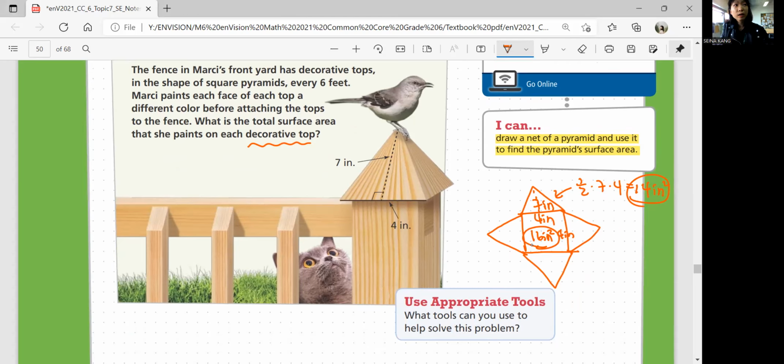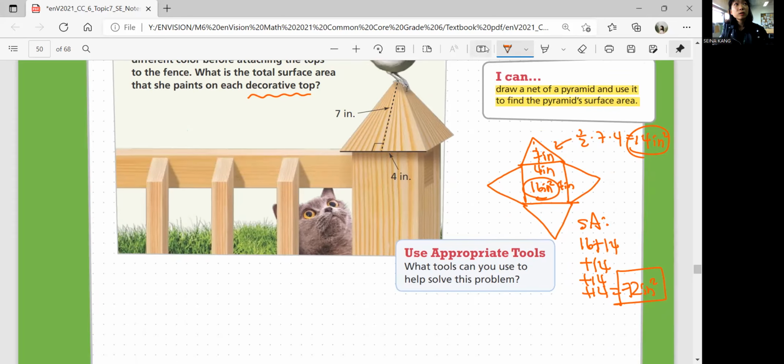So surface area will be 16 plus 14 plus 14 plus 14 plus 14, right? 4 of them. And that's going to be 72 inches squared total. So Marcy needs to paint 72 inches squared.